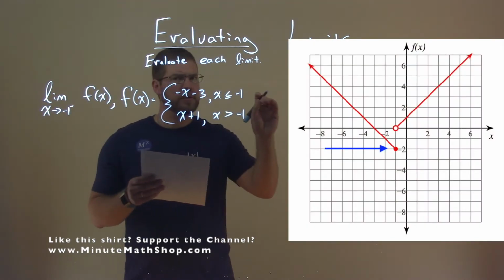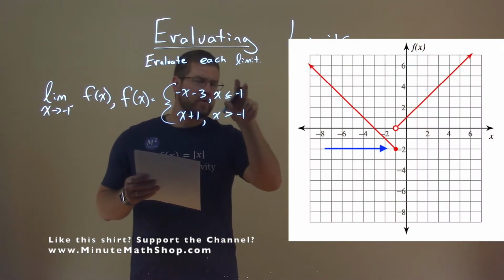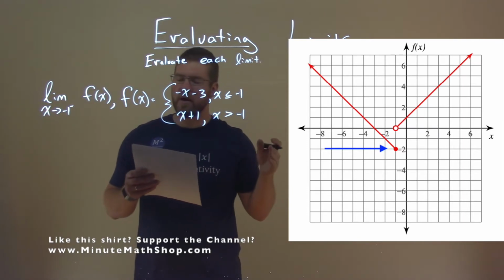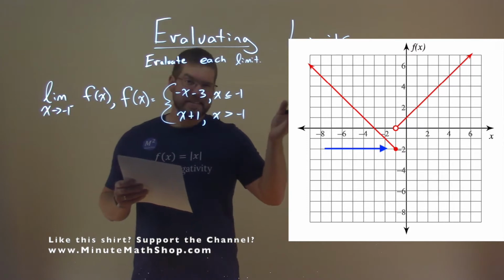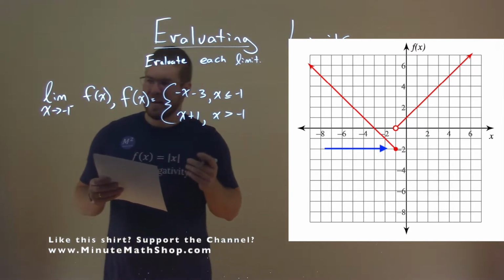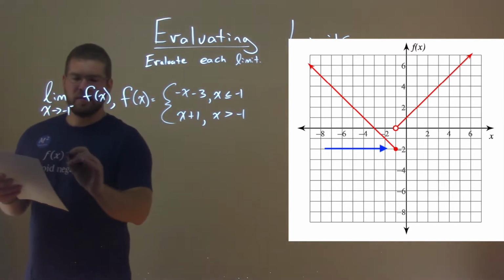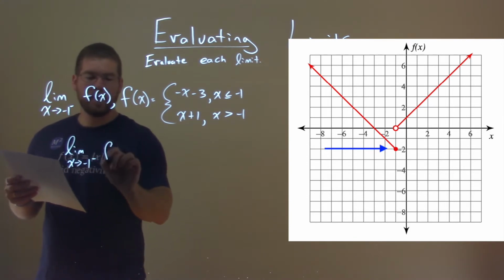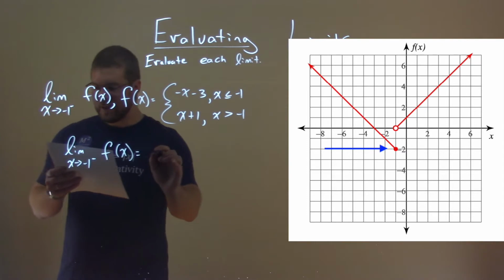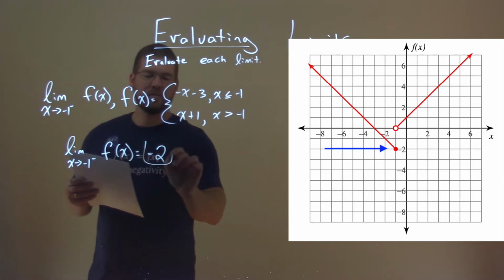And where is it approaching? So we approach when x gets closer and closer to -1 from the left-hand side, our y value approaches, can you guess it or see it? -2. So in -2, we see that's the y value there. So we would say that our limit here as x approaches -1 from the left of f of x is equal to -2.